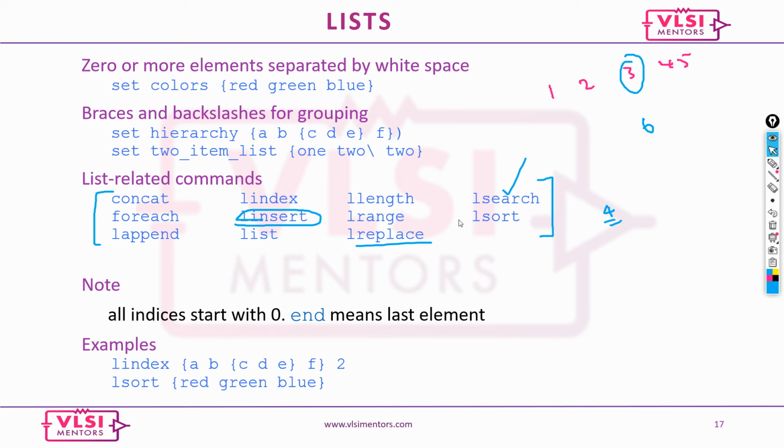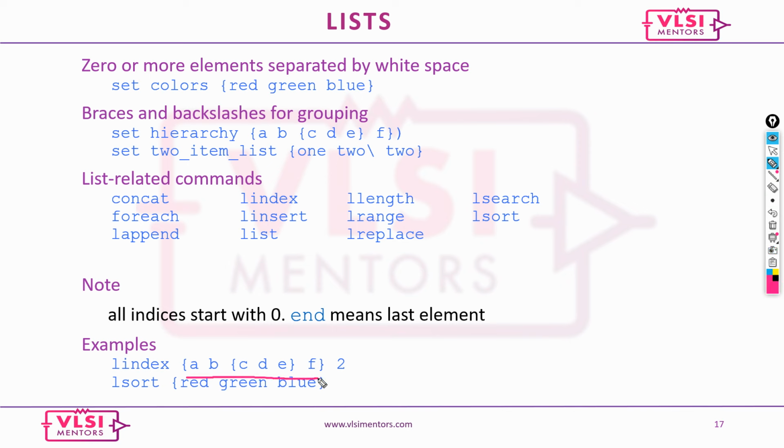You can also have a nested list. Now in this case, a quick question: what is going to be the number of elements here?